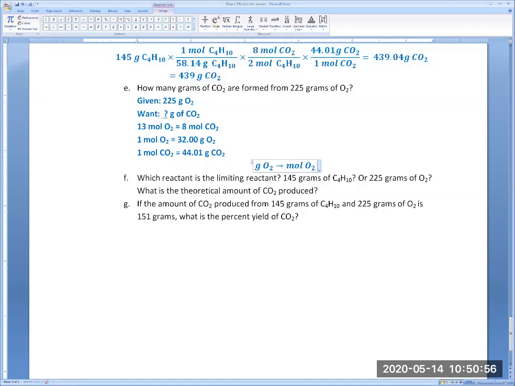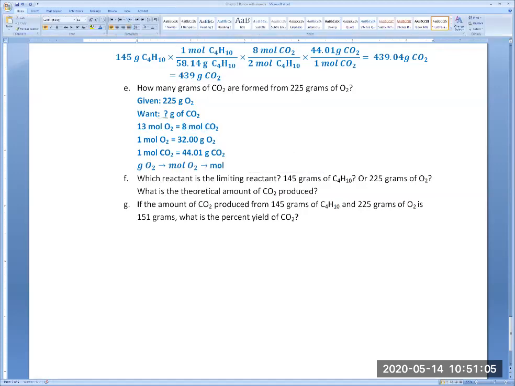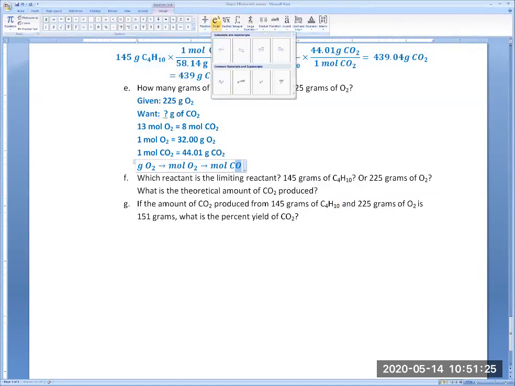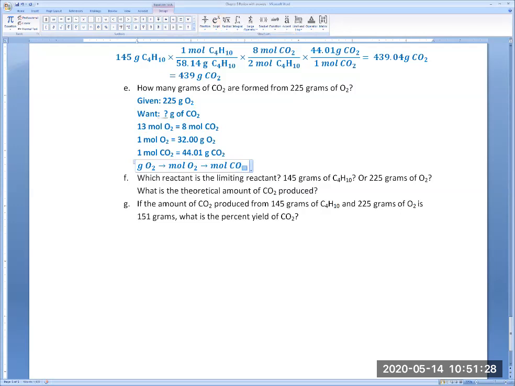Okay. Then once we have our moles of O2, we can change them to moles of CO2 using this. So moles of CO2. Oh, this formatting is really taking a lot of time. Sorry. And then once we have moles of CO2, we will go back to grams of CO2.